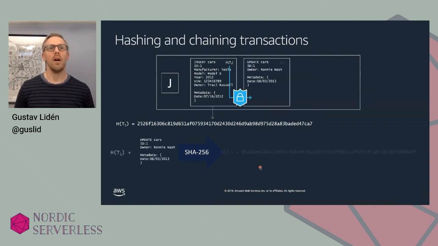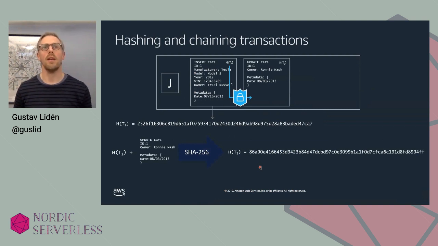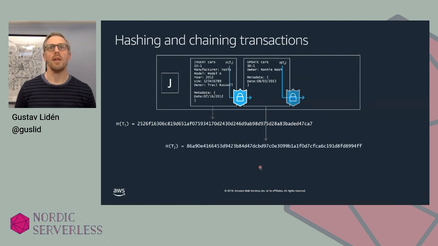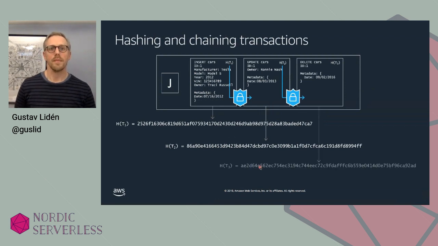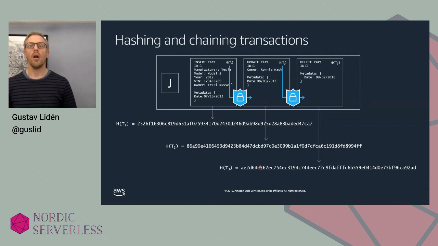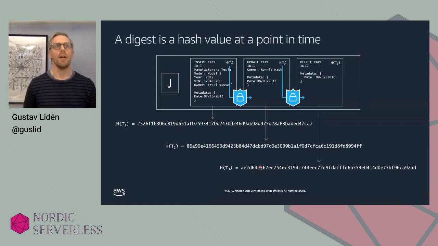Updating data will create a new hash for the new record, and that includes the former hash. Doing this a third time, for example with a delete, will just append a tombstone, basically saying that this data no longer exists in the current state. All of these hashes are constantly recorded.